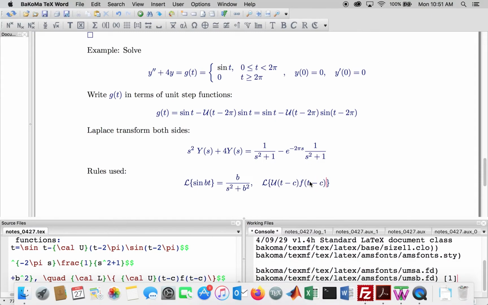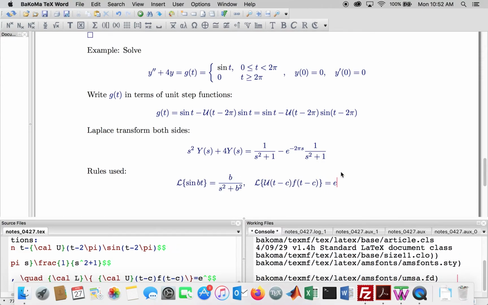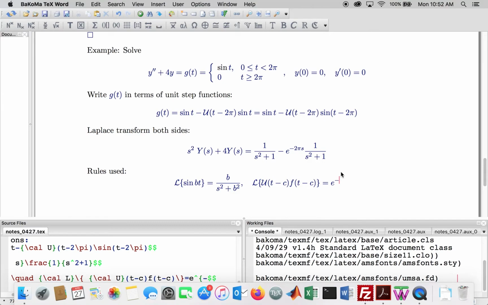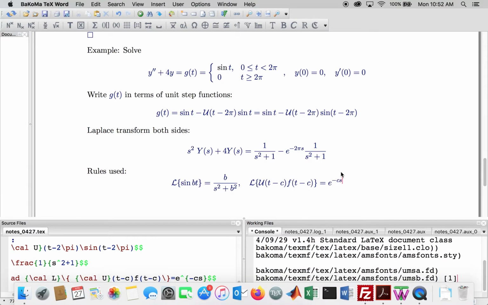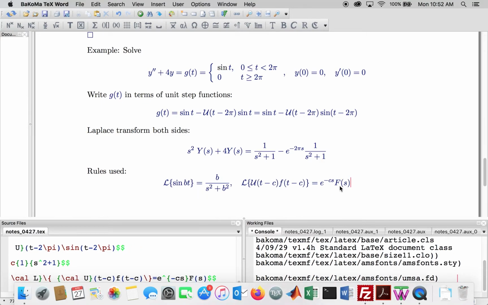That's why it has to be written in this form to correspond to this, so that this rule will apply, and it's equal to e to the minus cs times the Laplace transform of the unshifted form of this. So what I did here, I had u of t minus 2 pi, sine of t minus 2 pi. I take a transform of sine t, that gives me this. And then to account for the unit step function, it's e to the minus cs, where c is 2 pi in this case. And then because this whole thing is subtracted, it's subtracted here also.